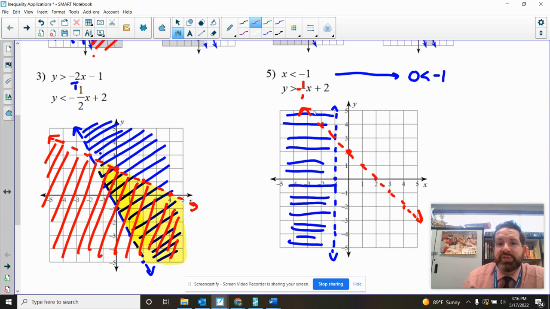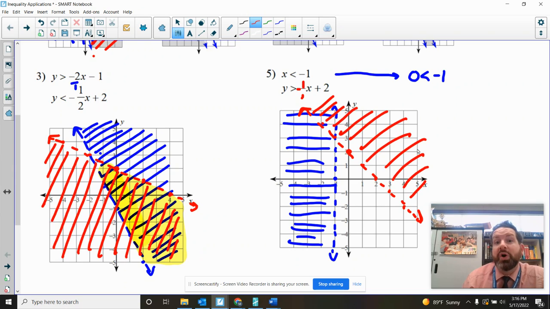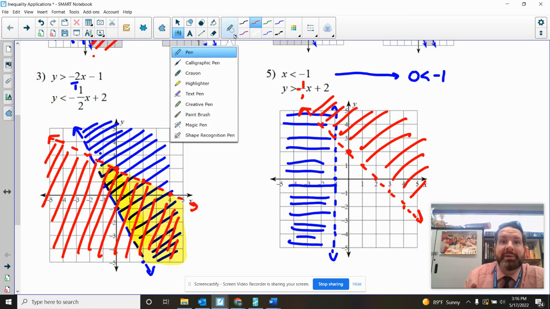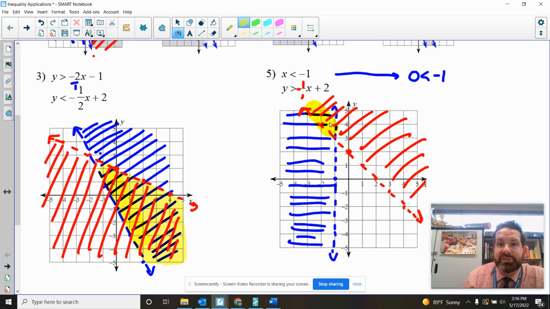And the greater than means I'm shading above. So over here are points that solve only the second inequality. Here are points that solve only the first inequality. And up here, where they overlap, that's where we get the solutions to the system, the ordered pairs that make both inequalities true at the same time.